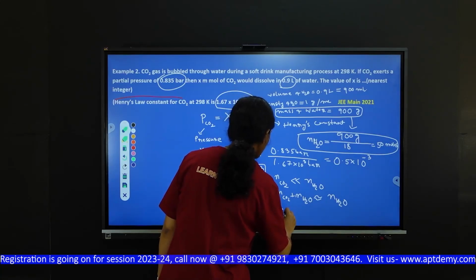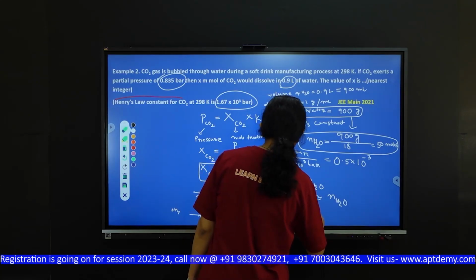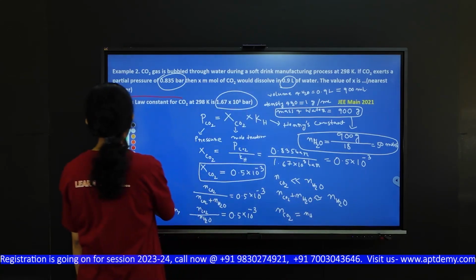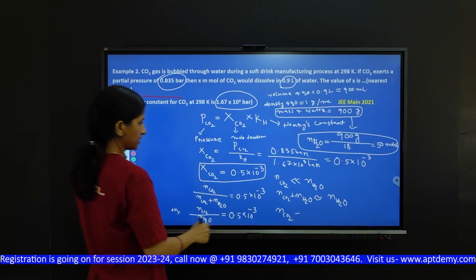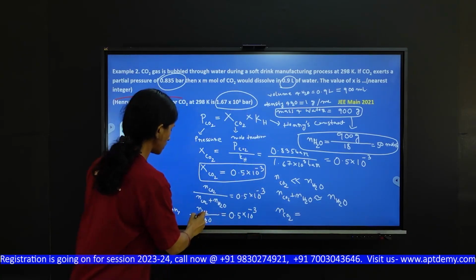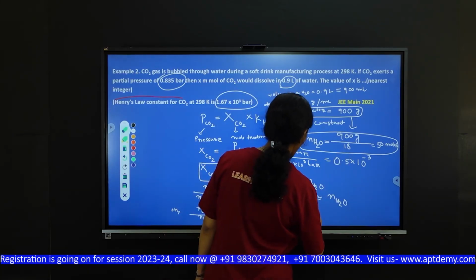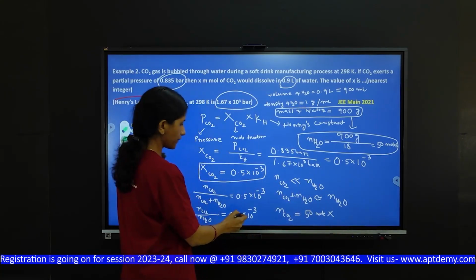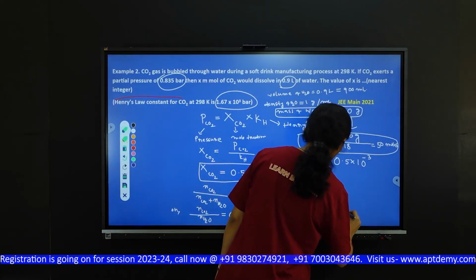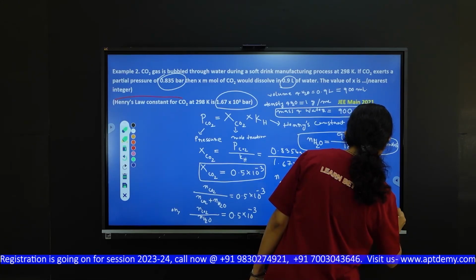So number of moles of CO2 is equal to NH2O, which we have already calculated as 50 moles, times 0.5 times 10 to the power minus 3, which gives you 25 times 10 to the power minus 3.